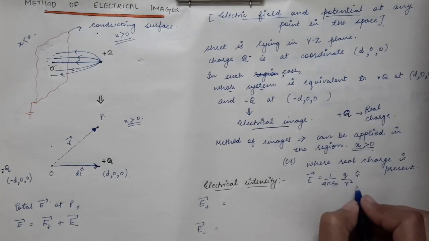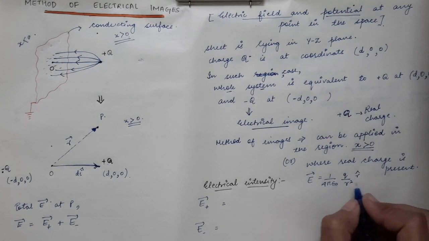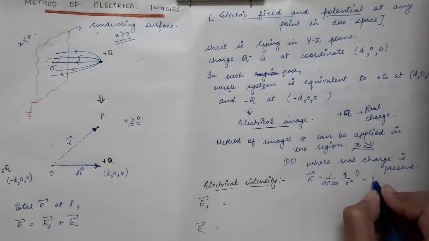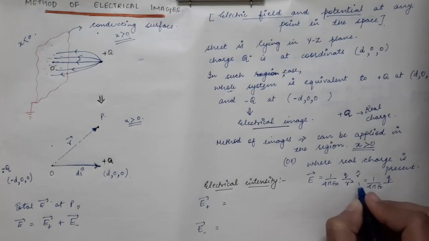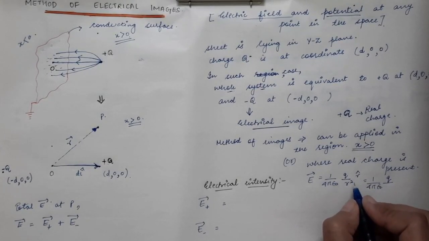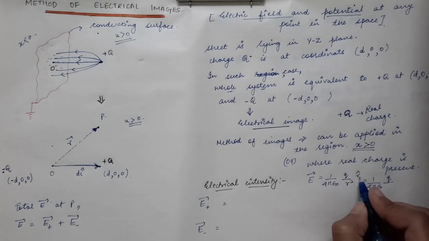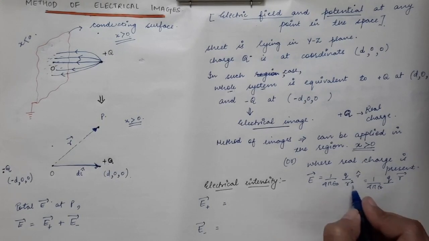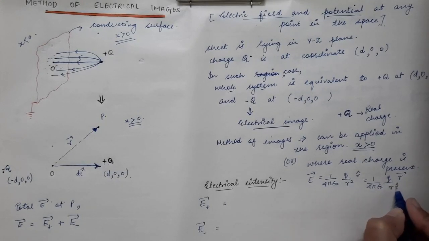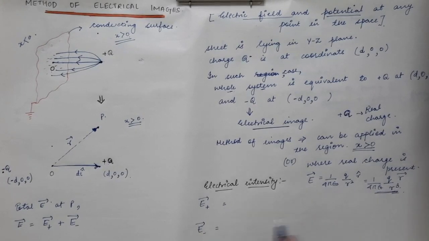This formula can also be written in another form: 1 by 4 pi epsilon naught into Q divided by, if we multiply and divide by r, r into r cap, which is nothing but r vector, and r into r square will be r cube. So this is another form of electric field, and we will be using this form here.